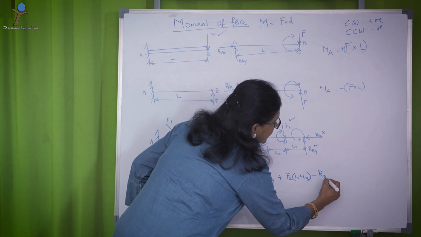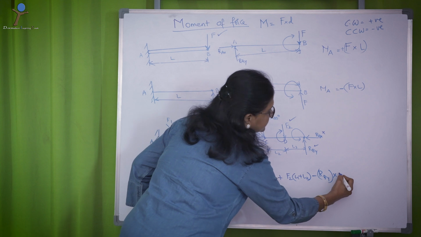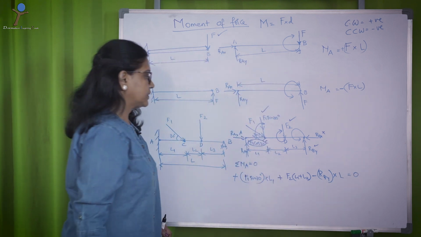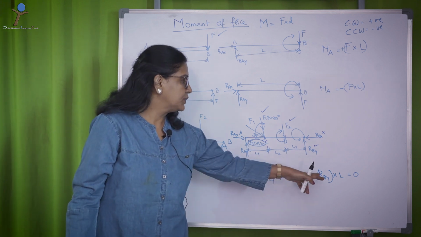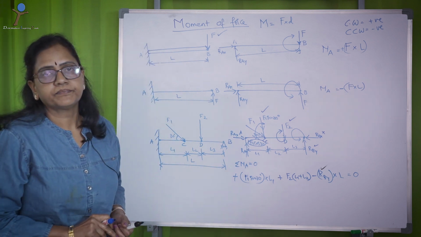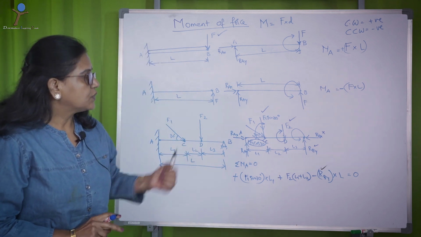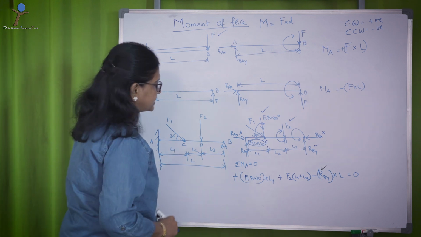So, minus RBY multiplied by total length L, that equal to 0. So, if you know F1, F2, L1, L2, L3, you can calculate RBY from this relation. That is the reaction at B, that is a hinge reaction in vertical direction.